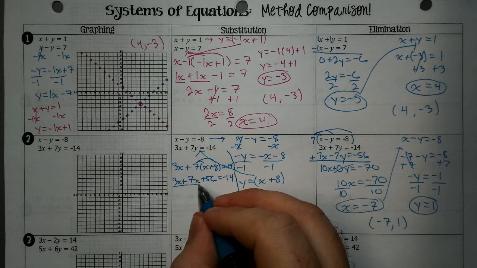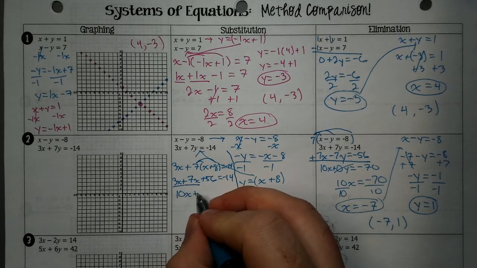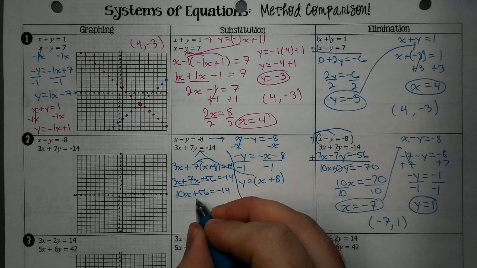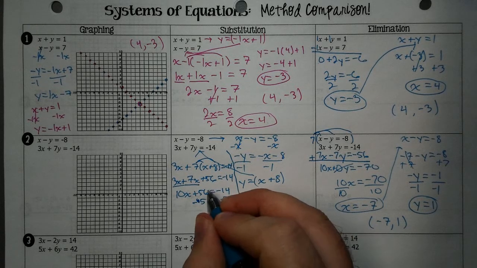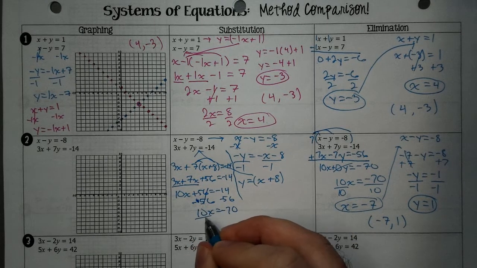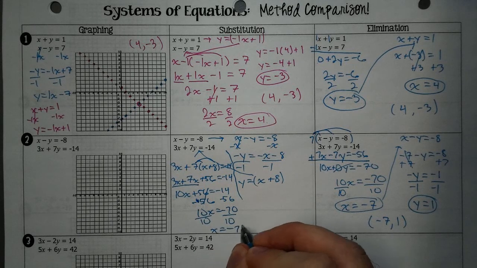Combine like terms. 3 plus 7x is 10x's. Move our 56 over. So we're going to subtract. So I get 10x equals -70, and then divide by 10. x is equal to -7.